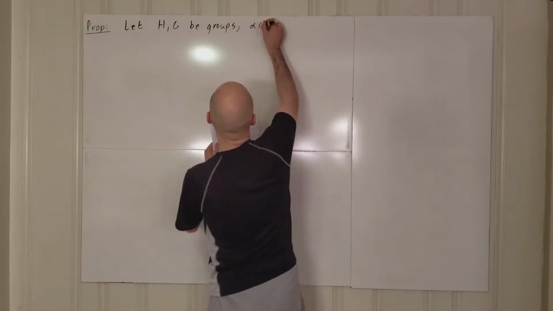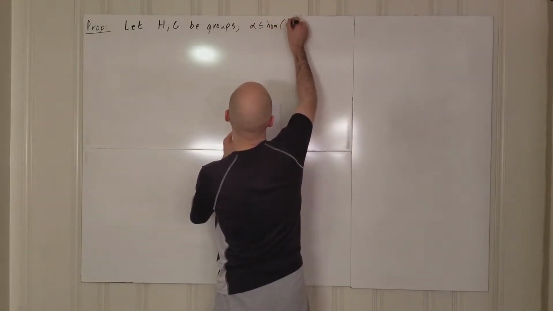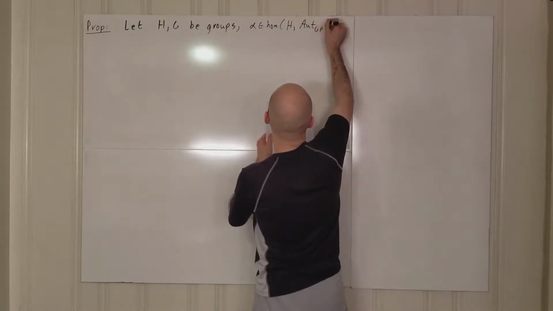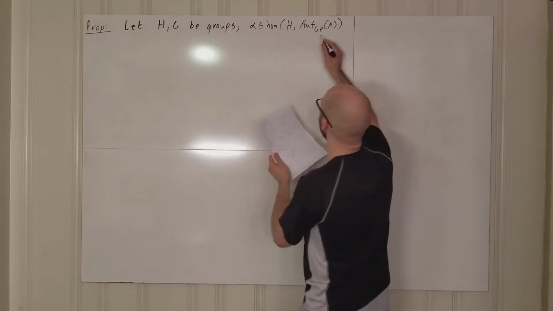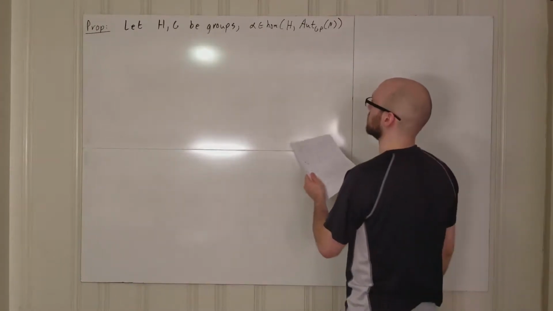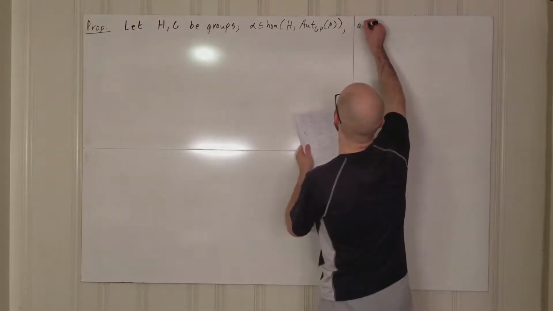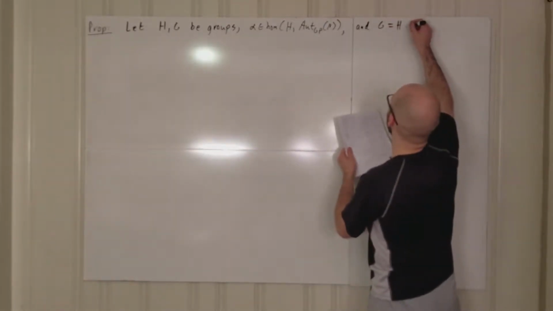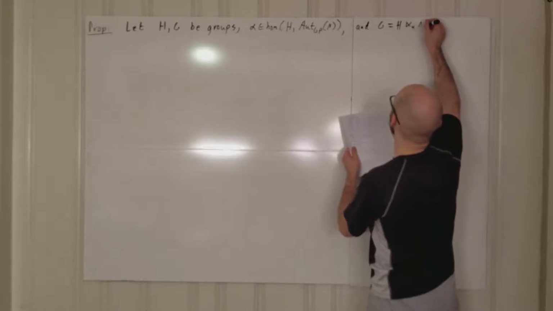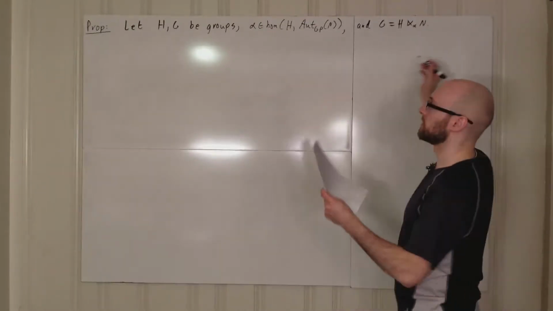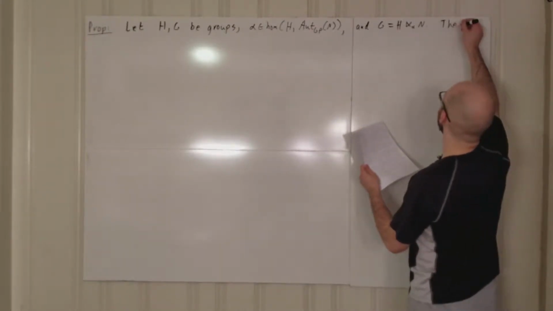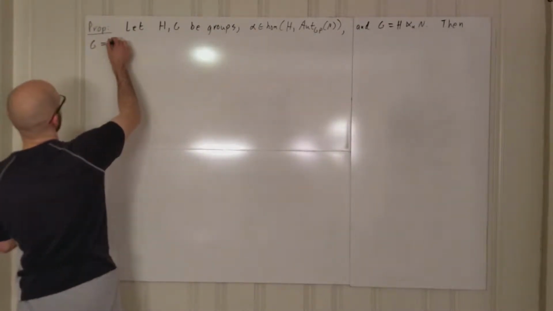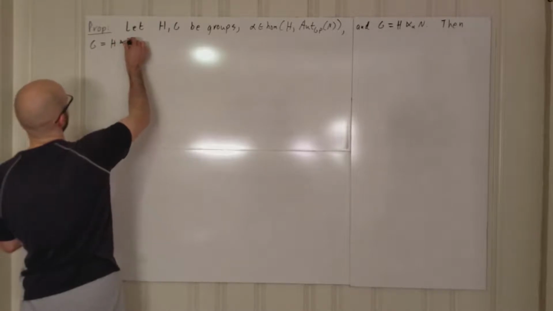We're going to let alpha be a homomorphism from H to the automorphism group, the automorphisms of the group N. And we're going to let G be H alpha semidirect product with N as we defined last time. Then it turns out that G is the semidirect product of H and N in the normal sense.